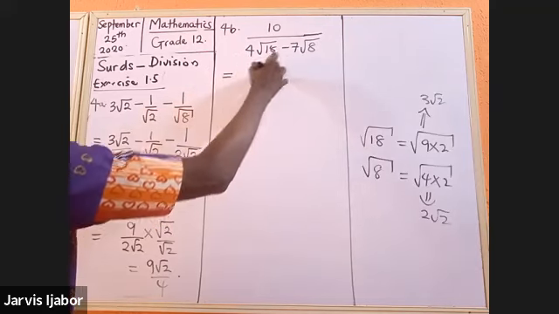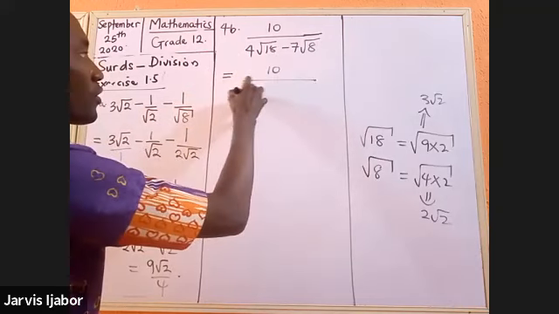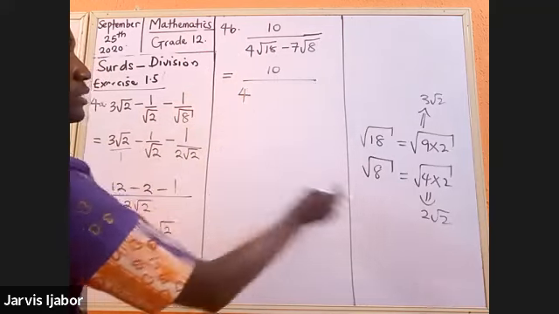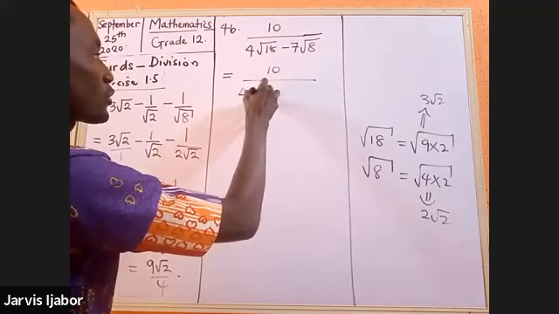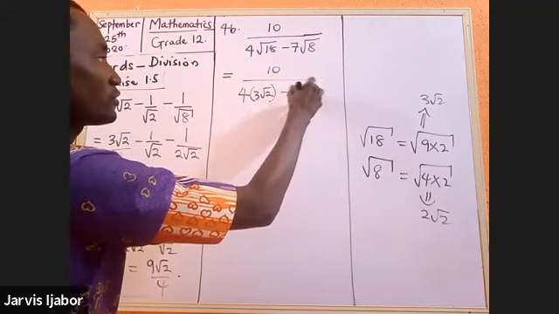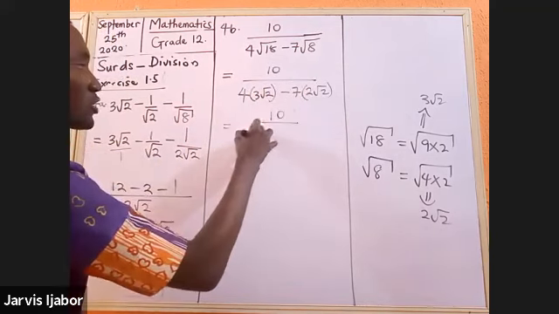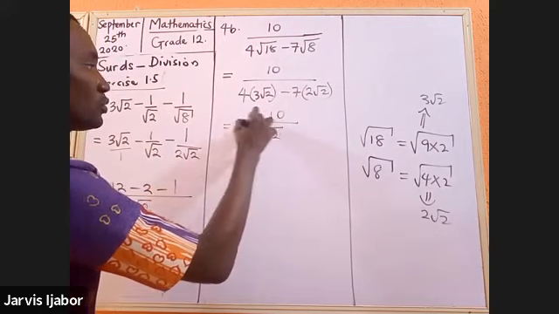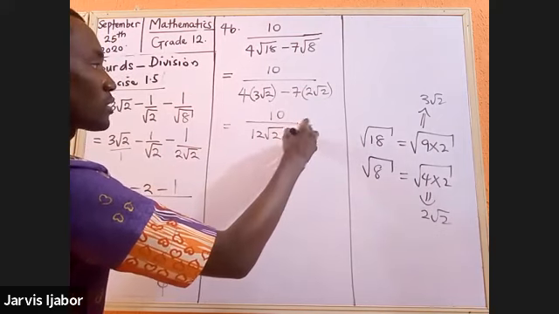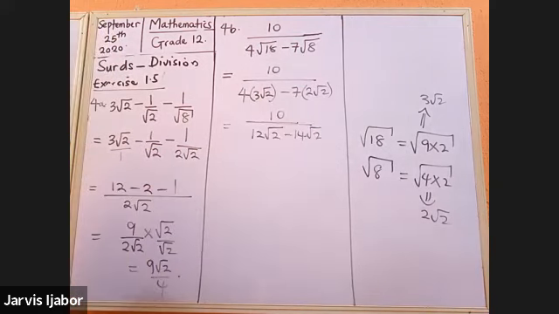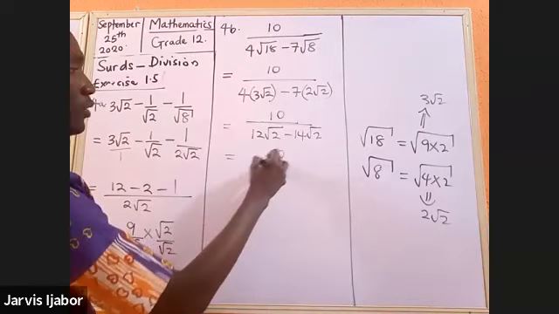So this will be equal to what? 10 over 4 into what? 3 root 2 minus 7 into what? 2 root 2. What is this? This will be 10 over 12 root 2 minus what? 14 root 2. Wonderful. So this will give me 10 over what?